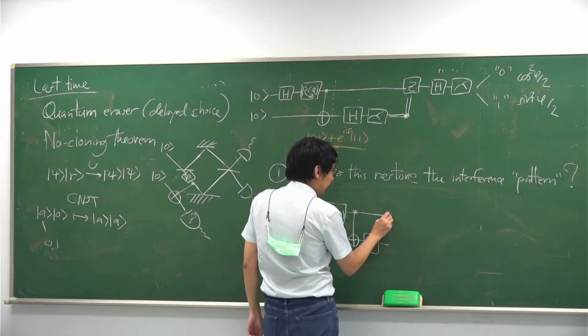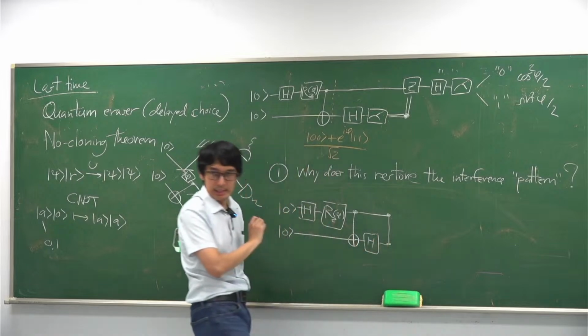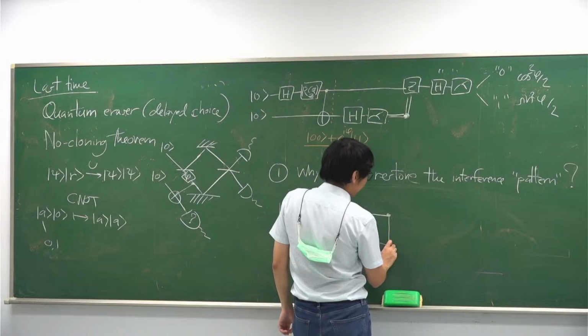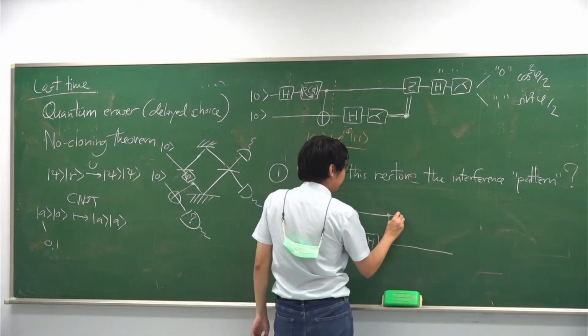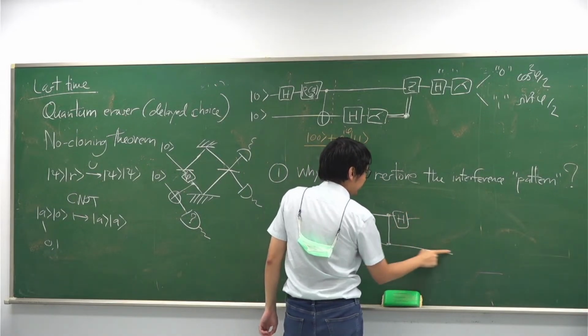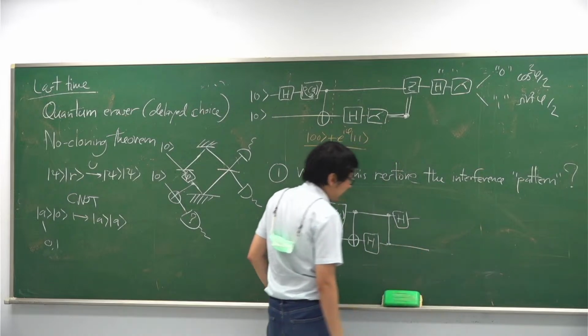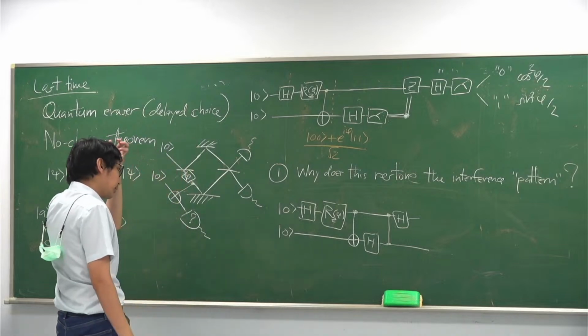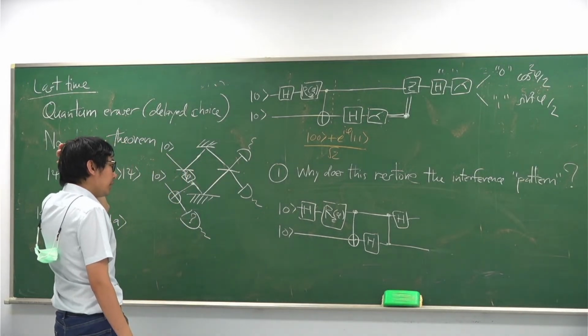So coherently, this would be the control Z, right? And then I just extend the line there, which we can assume that we measure at the end of both lines.